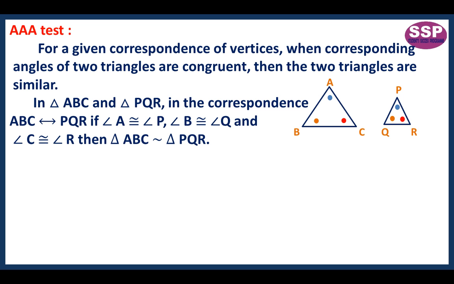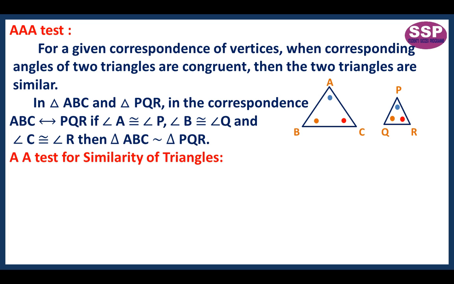That means three angles of one triangle are congruent with the corresponding angles of the other triangle. Then these two triangles are said to be similar by AAA test.